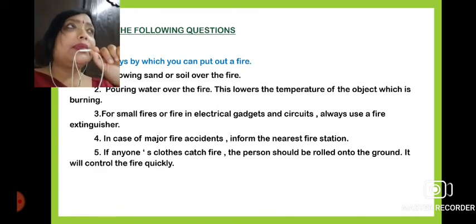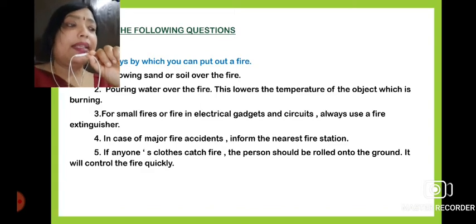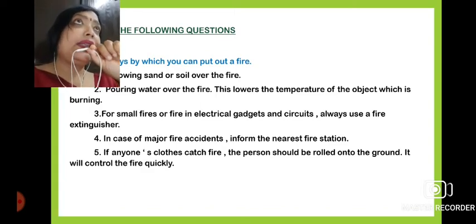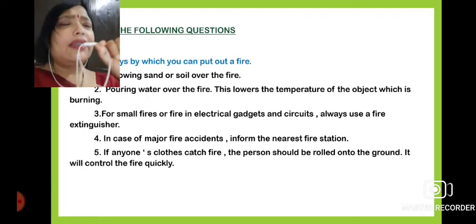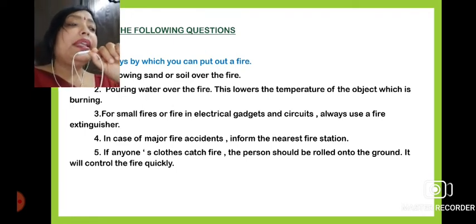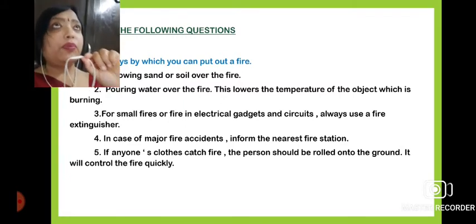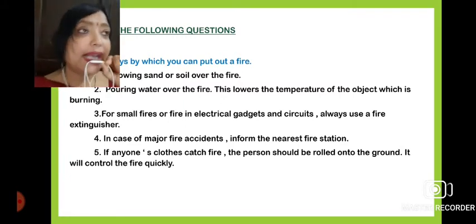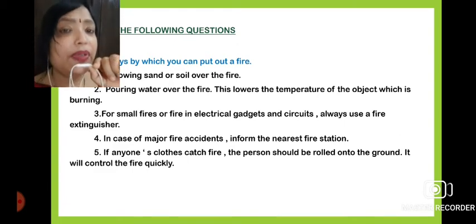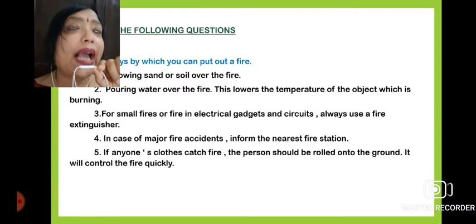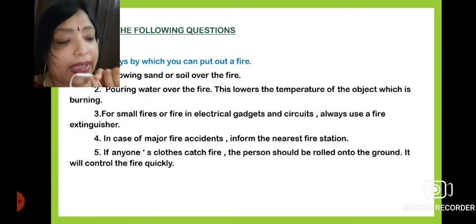Instead of water, some other chemicals are present, which we will discuss in a later part, but we can use it for an electrical accident or a small-scale fire. In case of a major fire accident, we have to inform the nearest fire station. In that case, the fire extinguisher will not work, and then we will have severe problems. So it's better to call the nearby fire station.